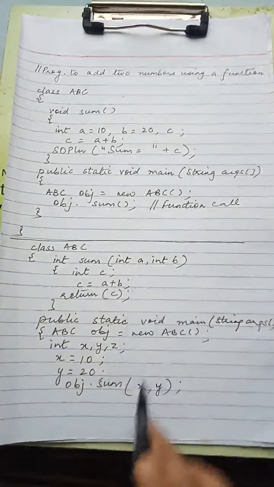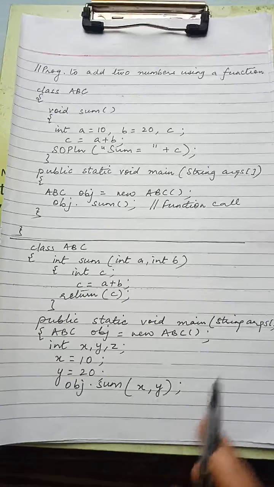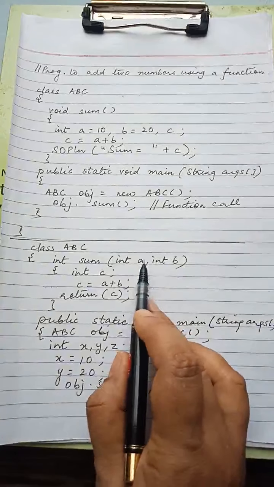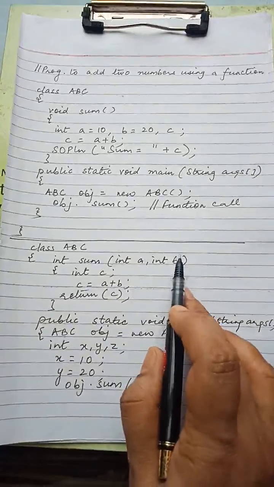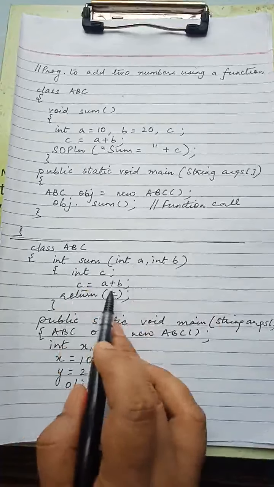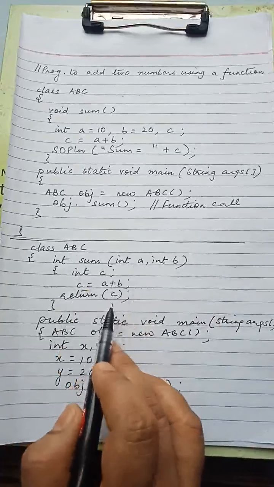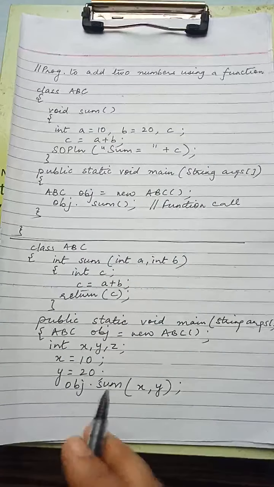Since these are integer variables, these should also be integer variables. Now what will happen? The value of x will be copied into a. So a will become 10 and the value of y will be copied into b. So b will become 20. And inside the function, c will hold the value 10 plus 20, that is 30, and c will be returned. Where will it be returned? To the function call statement.